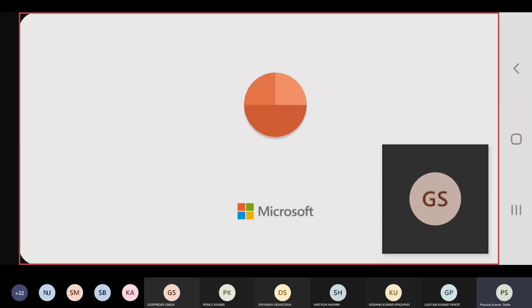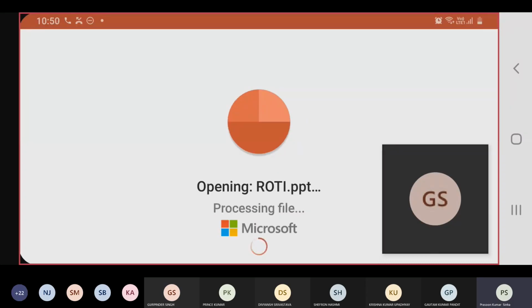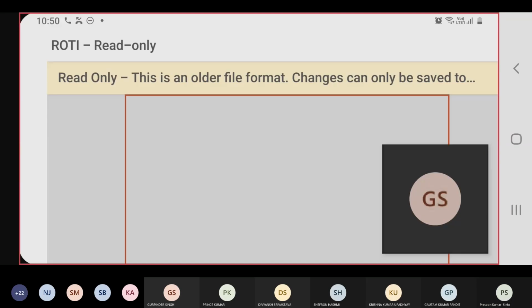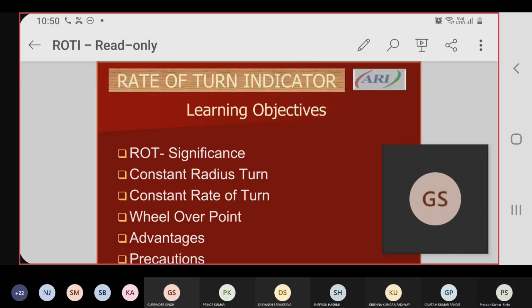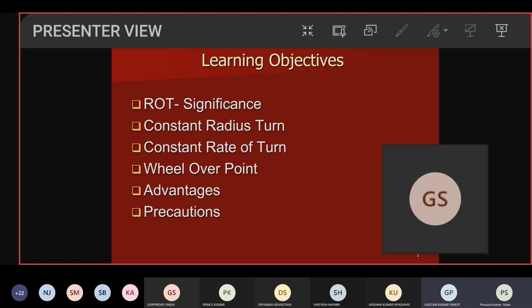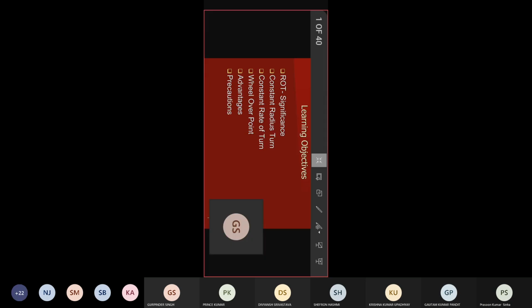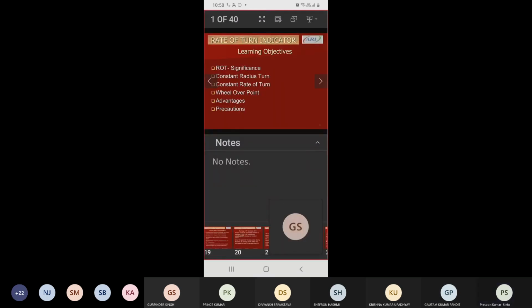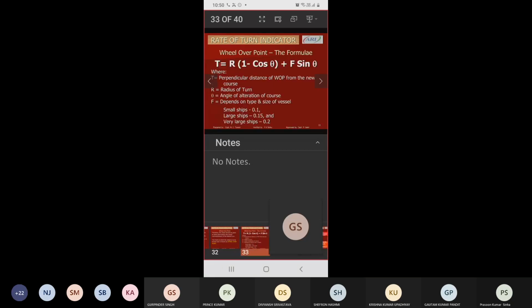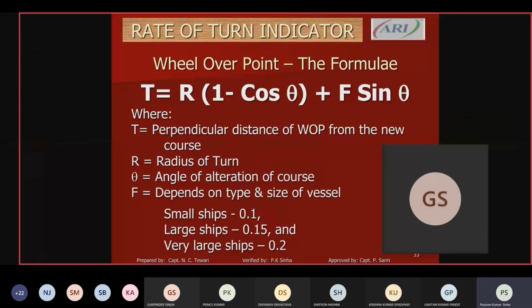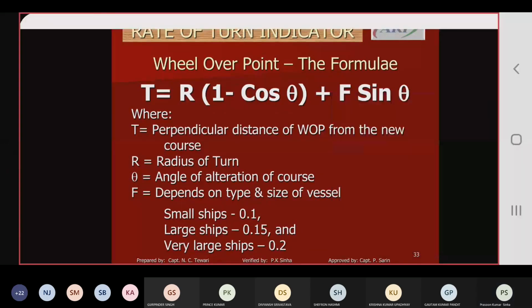It is given by T, capital T, is equal to F sine theta plus R into 1 minus cos theta.